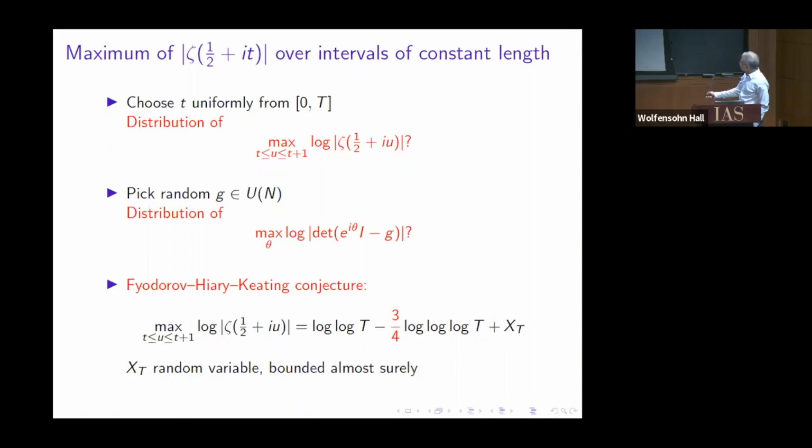If you remove the log, the maximum of zeta is like log t, but it's divided by some power of log t. And what's important here is to focus on this constant 3/4 in red. It's not always going to be this; it's this plus some random variable, which is bounded almost surely.